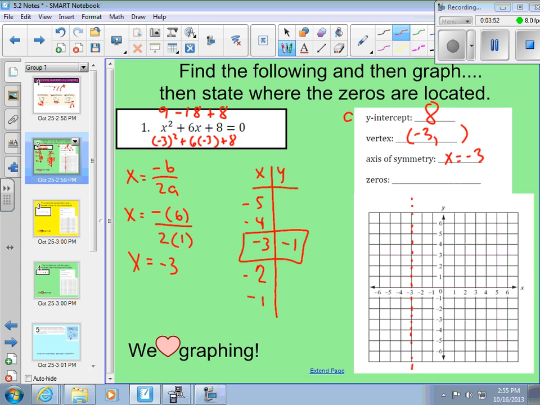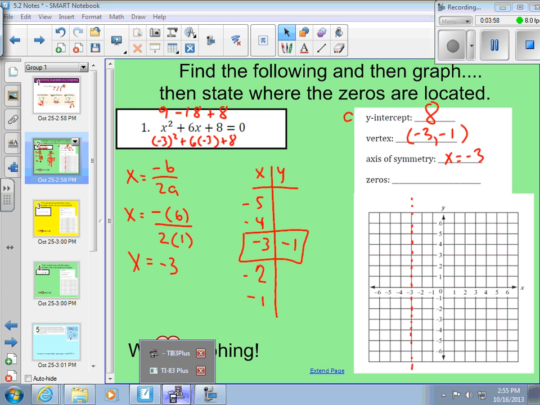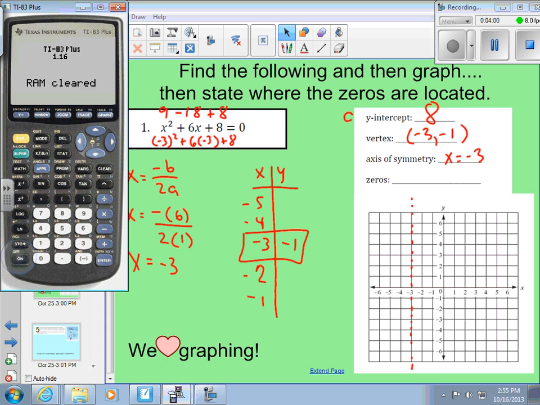The quicker way, though, we would want to use some type of graphing utility to get our graph. So I'm going to use the graphing calculator here to do that. So enter your equation, x squared plus 6x plus 8. We could definitely take a look at the graph.